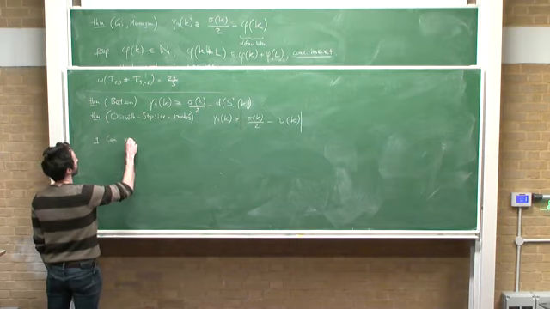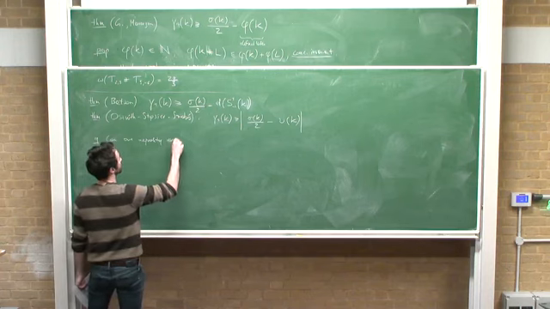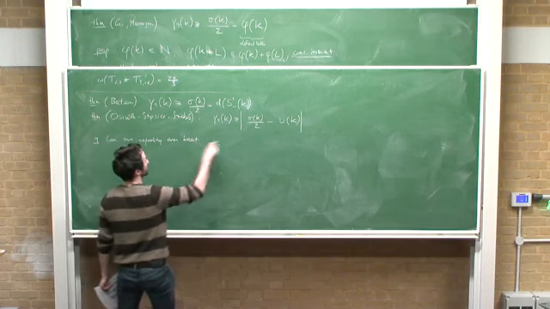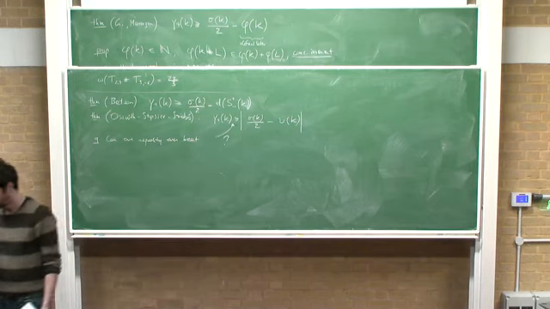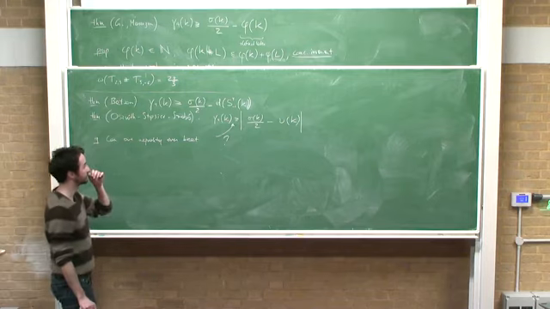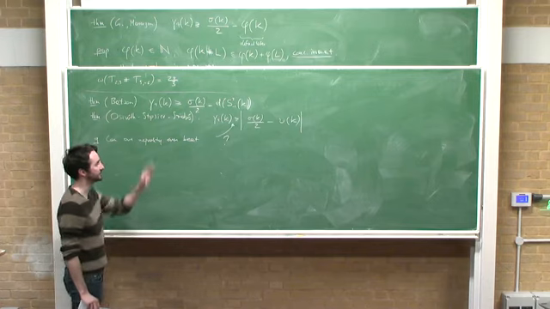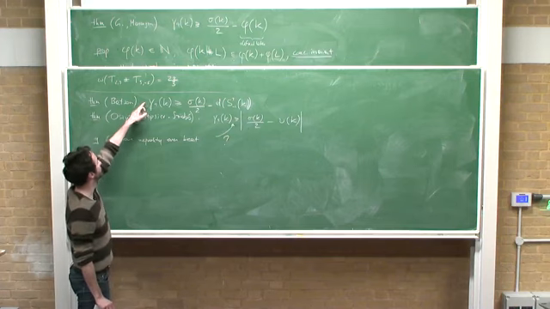Something that I would really like to know: can our inequality ever beat this inequality? This is something I have no idea of how to prove. If you have any example where you know that this happens, I would be really happy to see that. We know that we often beat this inequality.